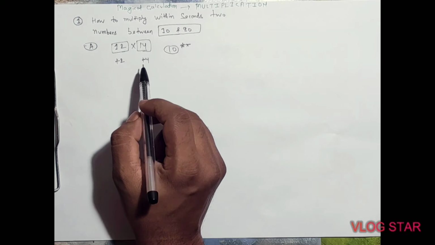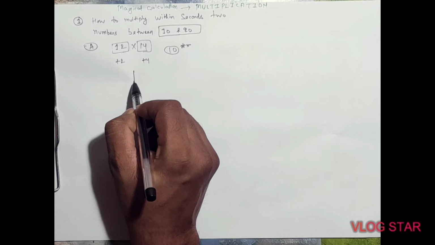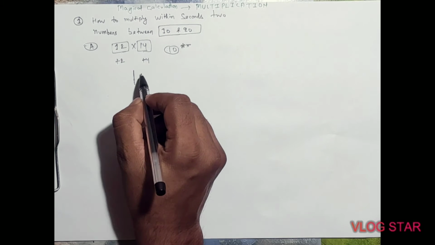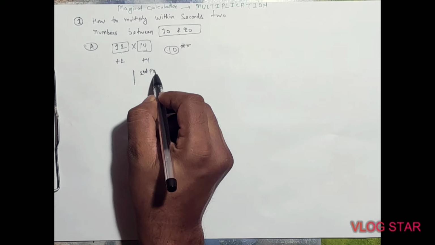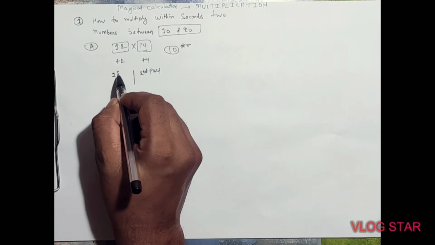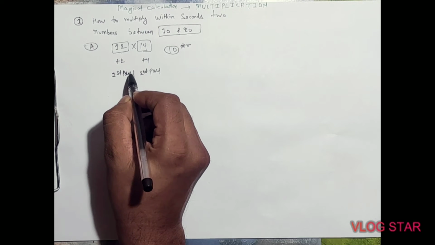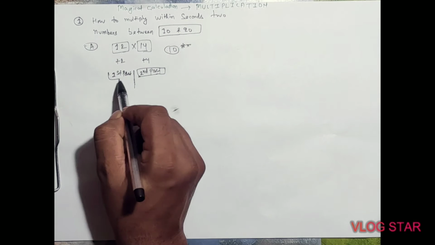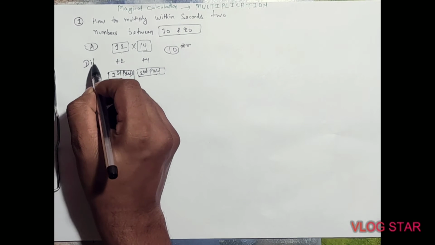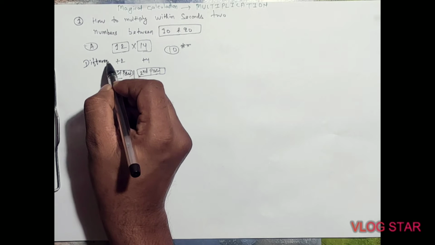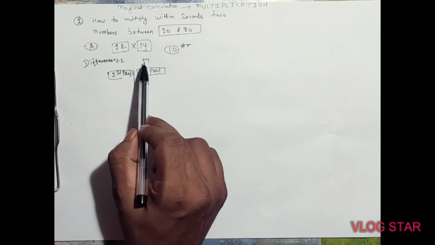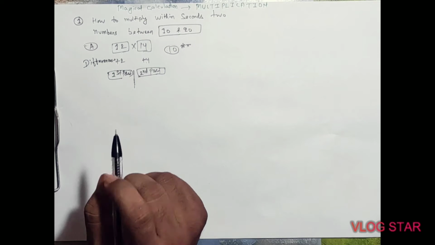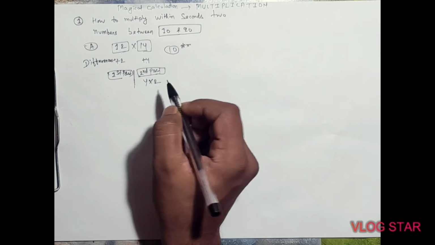Now all we have to do is divide this as a second part, this as a first part. In the second part, all we have to do is multiply the differences, 4 into 2.